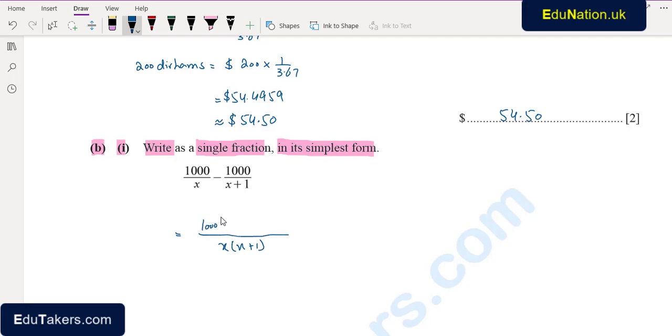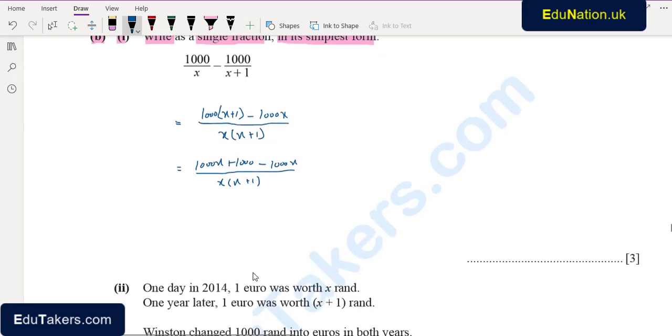Here it will be 1000 into x plus 1 minus 1000x equals 1000x plus 1000 minus 1000x over x into x plus 1, which is equal to this. 1000x and minus 1000x will be cancelled. So this will be 1000 over x into x plus 1.